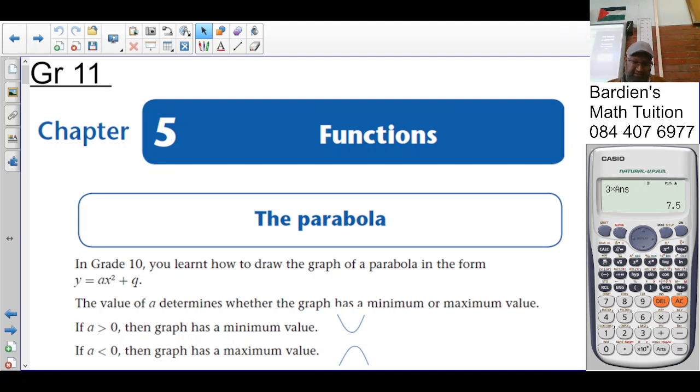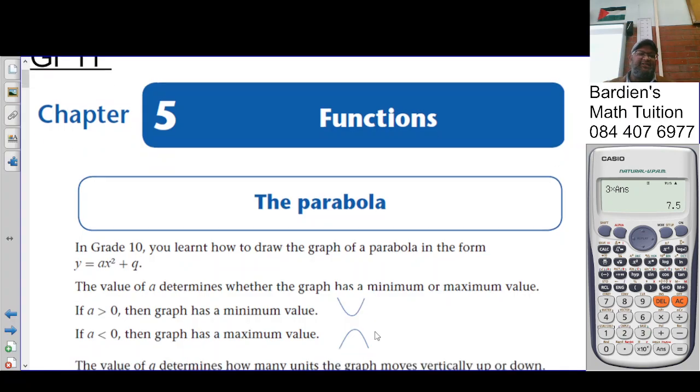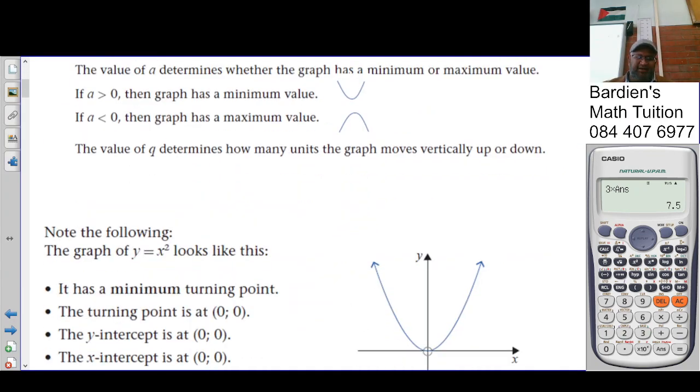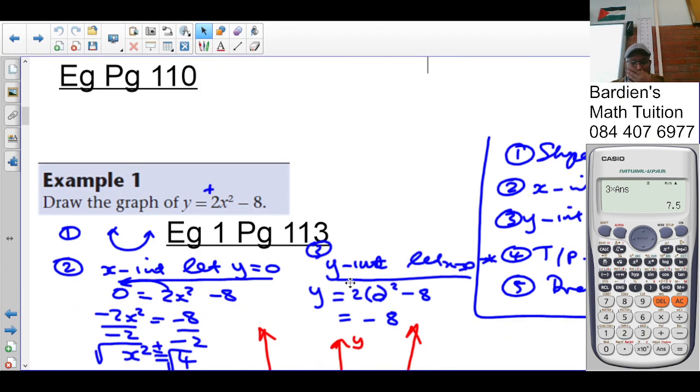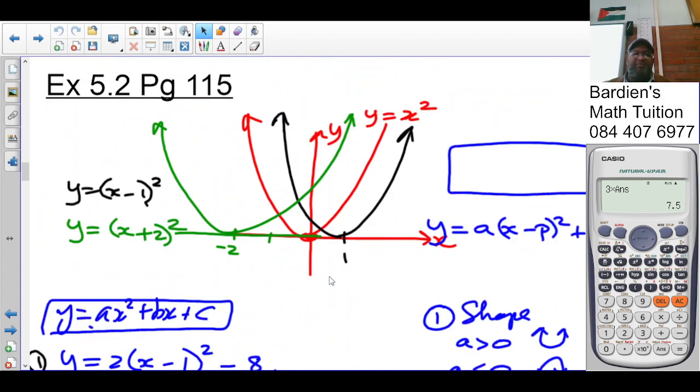So at this point, in our last lesson we spoke about functions, and determining the equation of a function. At this point, we have completed the equation of a parabola, I think.